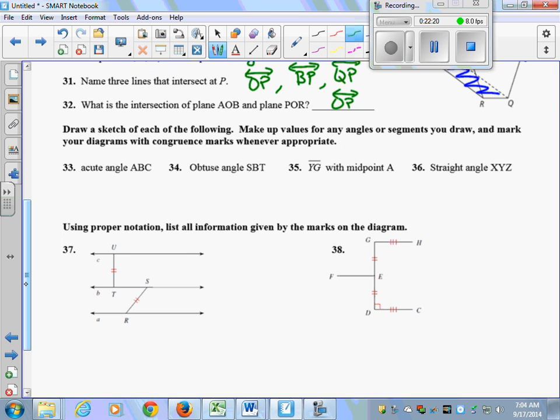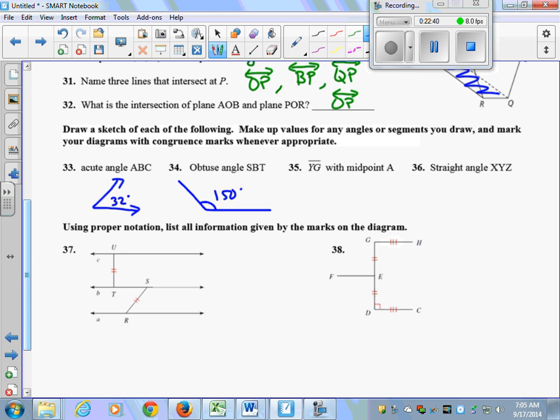Draw a sketch of the following. Make up values for any angles or segments that you draw. Okay, so an acute angle, and you would make up any number here less than 90 degrees, so say 32 degrees. Obtuse angle, make up any angle here that's greater than 90 degrees, so maybe 150 degrees.